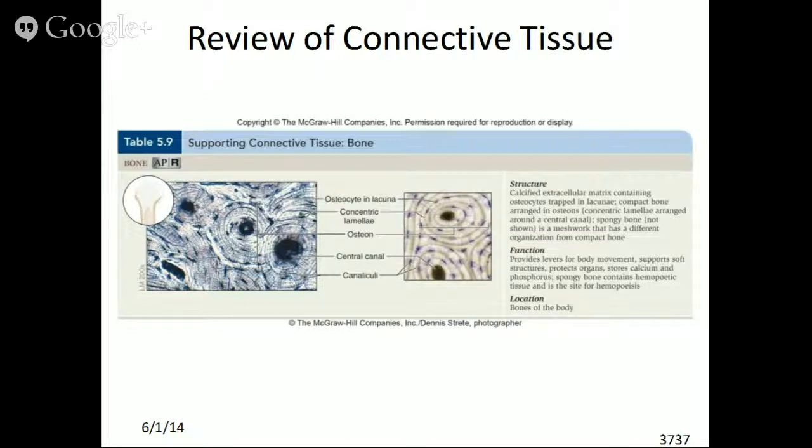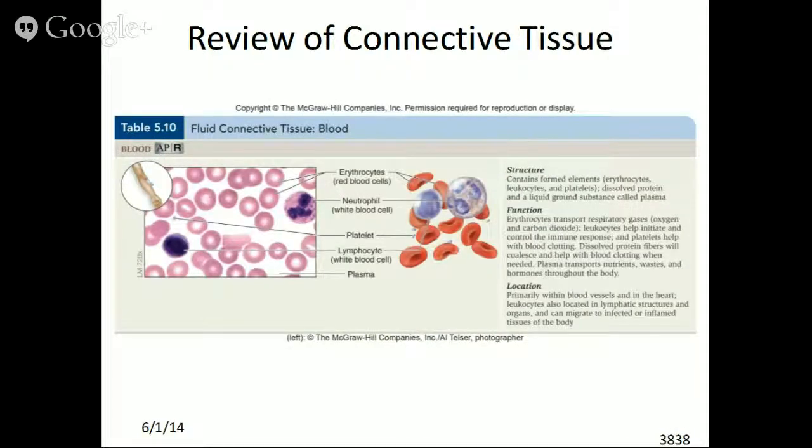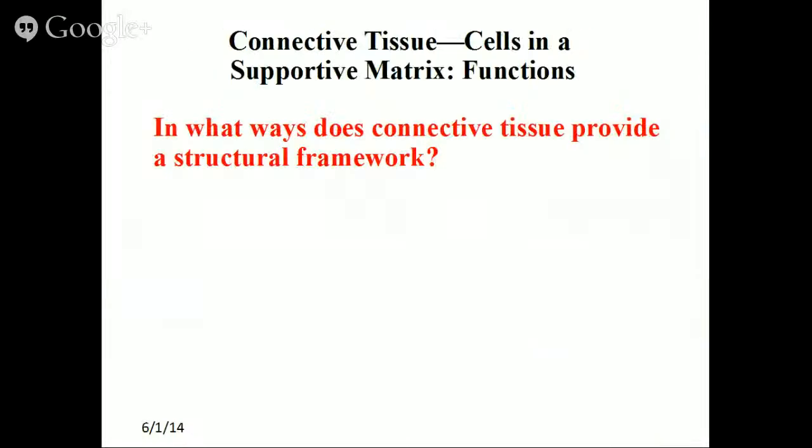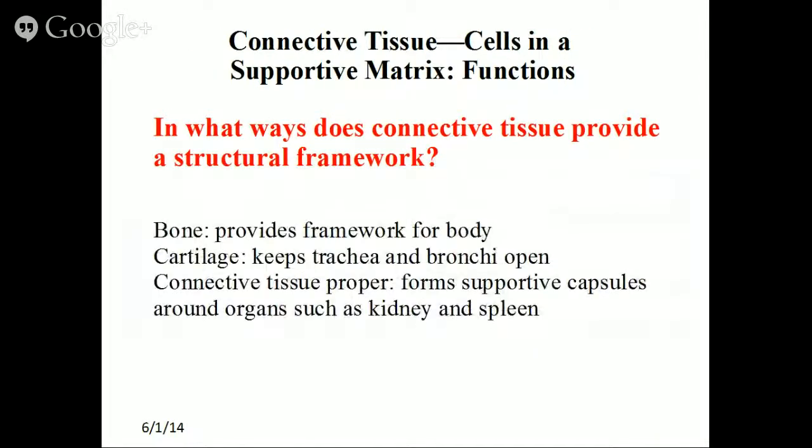Well, I don't know if you can look at how many rings are in someone's bone to tell how old that person is, but you can look at the width of the bone and the amount of growth that had occurred with the connective tissue down on this level, and it'll tell you a lot about that person's age and everything. So it's a pretty good connective tissue. We talked about blood already, so let's keep going.